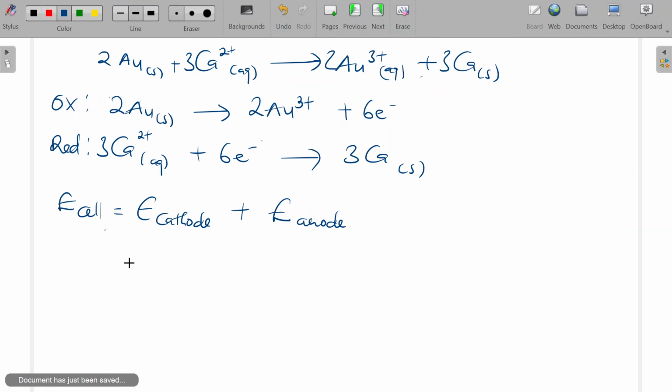At the cathode, there is a reduction. At the cathode or at the anode? Oxidation. So here, for the cathode, it is a reduction.